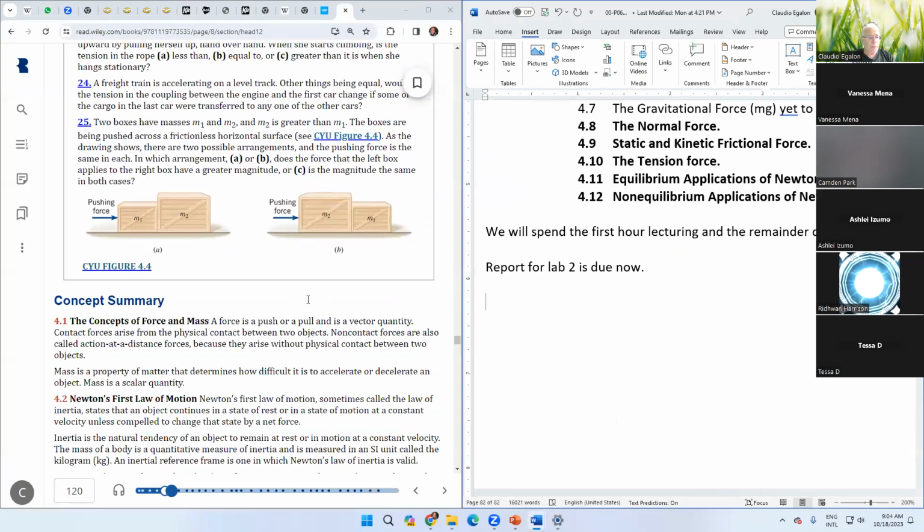Okay, so let's talk about the gravitational force, or the weight. I already told you that the weight is given by the following formula.